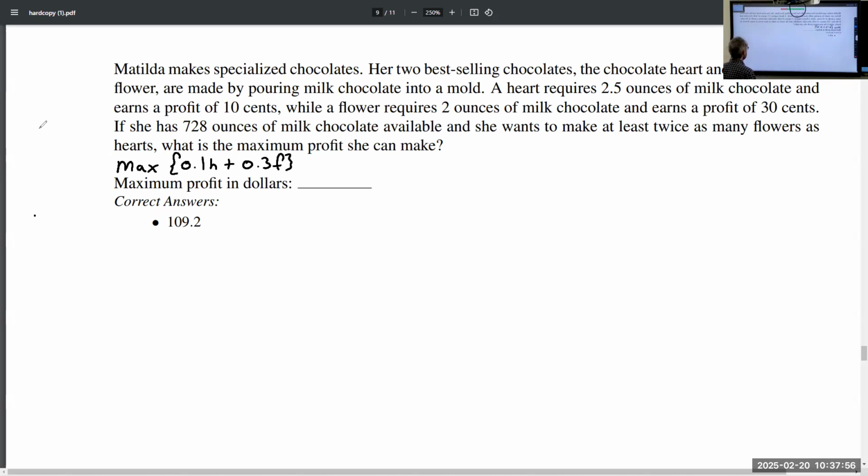Looks like we only have a certain amount of milk. We only have 728 ounces, and we need 2.5 for the Heart. And we need 2 ounces for the Flower.